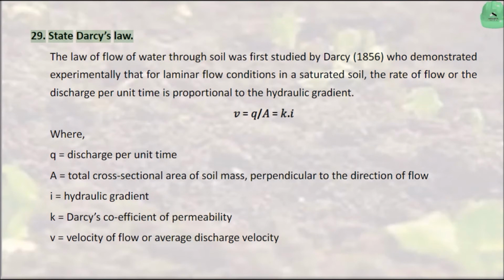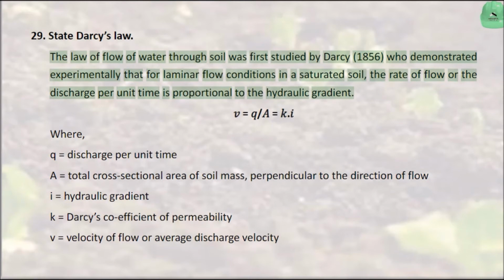State Darcy's law. The law of flow of water through soil was first studied by Darcy, 1856, who demonstrated experimentally that for laminar flow conditions in a saturated soil, the rate of flow or the discharge per unit time is proportional to the hydraulic gradient.